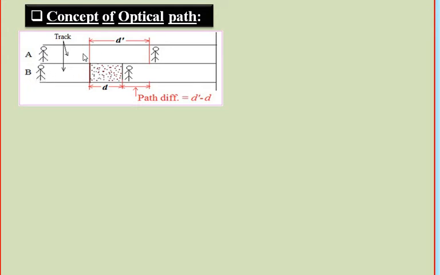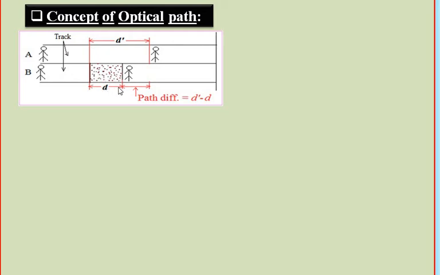Up to this distance they run at the same time, but after this, in front of B there is some disturbance in his path, so he requires more time to cover this distance.